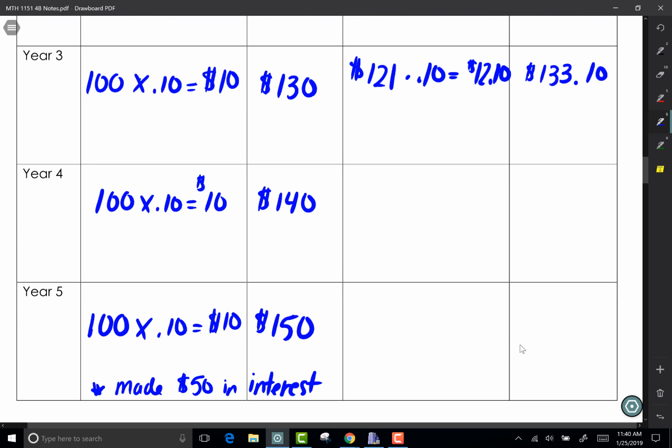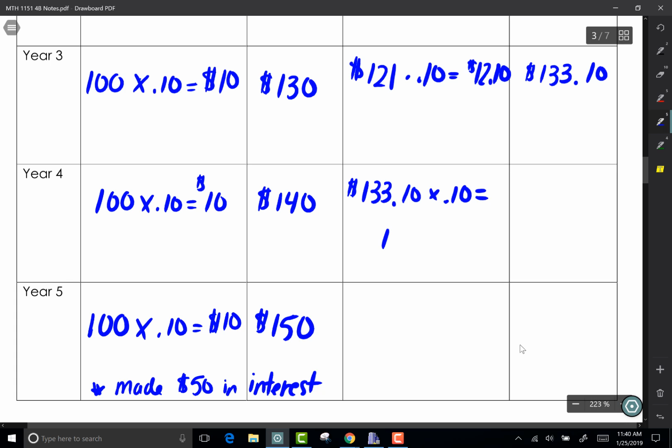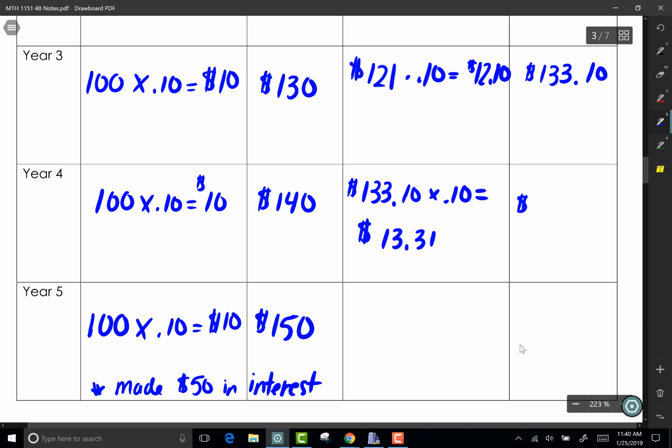Okay, year 4, I'm using my accumulated balance to find the interest. When I take 133.10 times 0.10 to find my interest, I'm going to get $13.31. So I add that to my previous balance, and my new accumulated balance is 146.41.